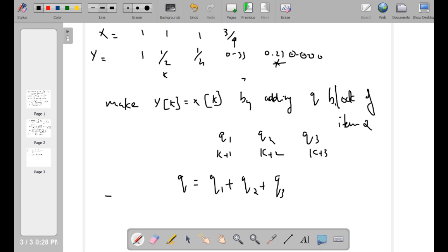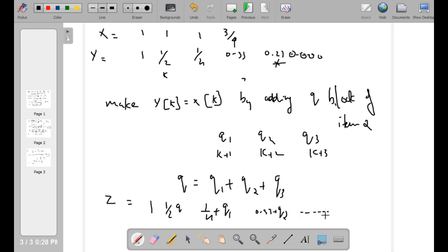Let us call it Z. That is, he has added some quantity Q to make these two values equal, and he has removed Q1 quantity here, 0.33 plus Q2 quantity here.